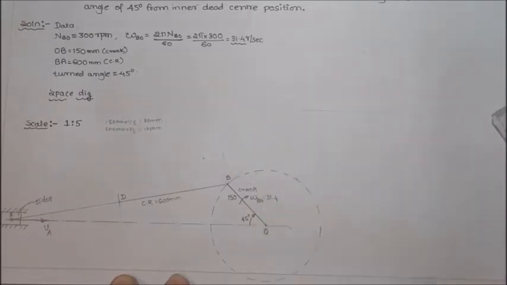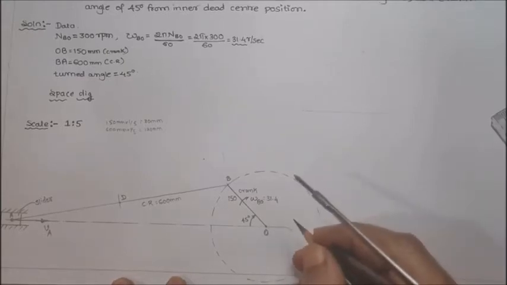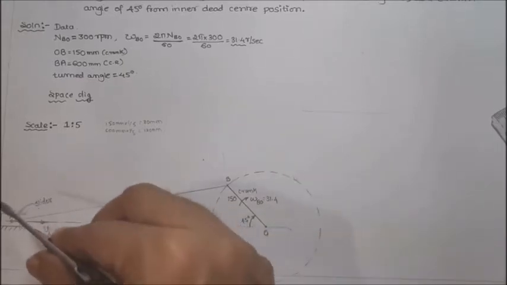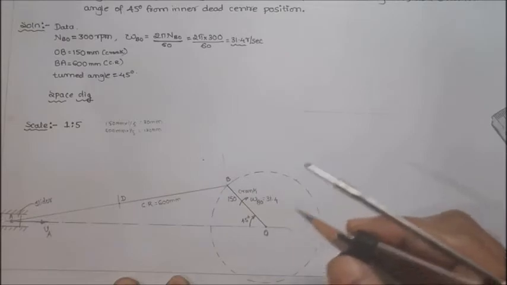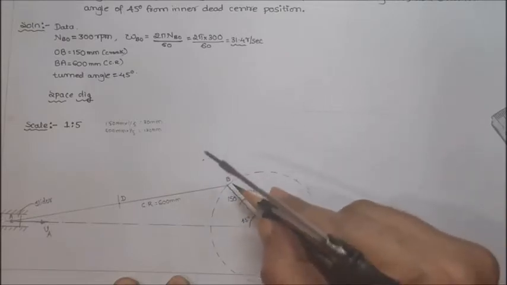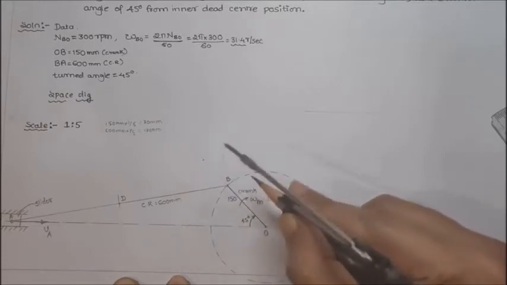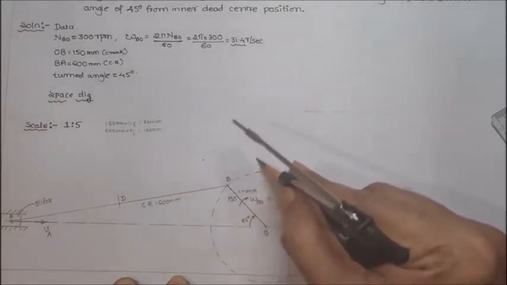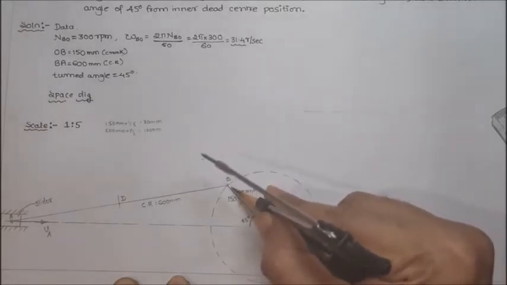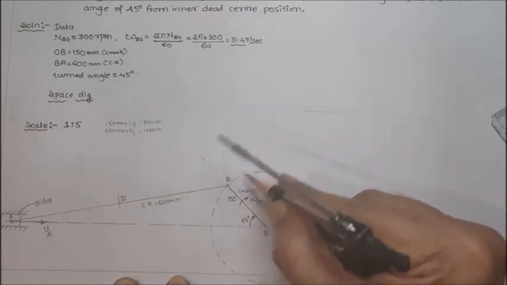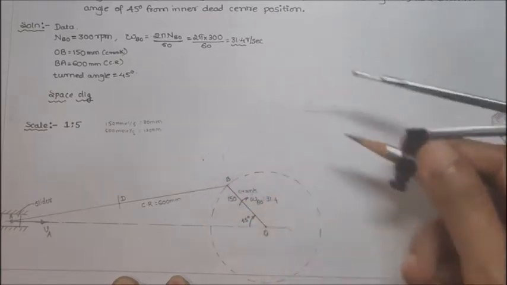Now we know the linear velocity of the slider in this direction. Now we know another velocity, that is velocity of B with respect to A, which will be from this point. It will be perpendicular to OB, but it will be in this direction because the crank is rotating in this direction.